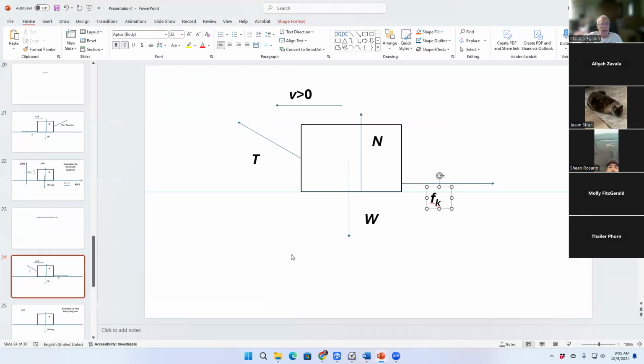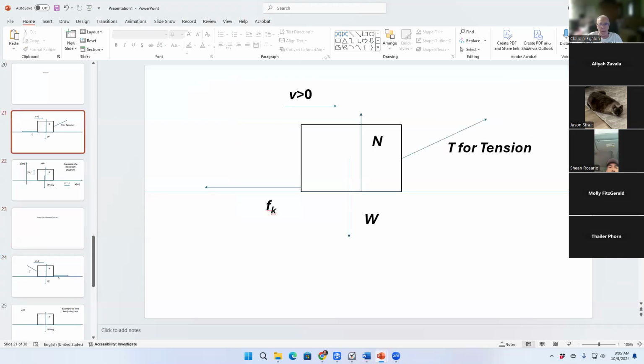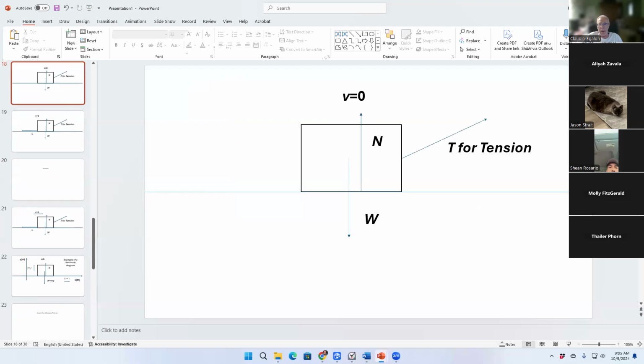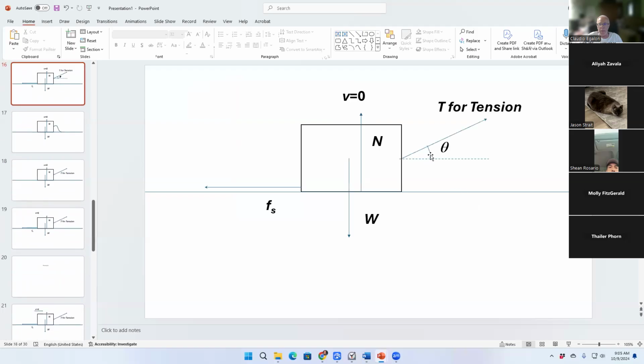I've got to illustrate the angle theta here. Let's copy that so I don't have to redraw it over again.